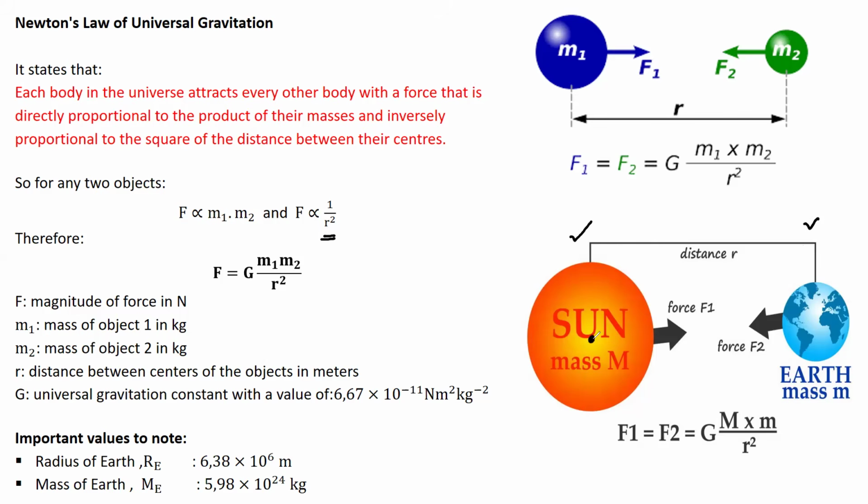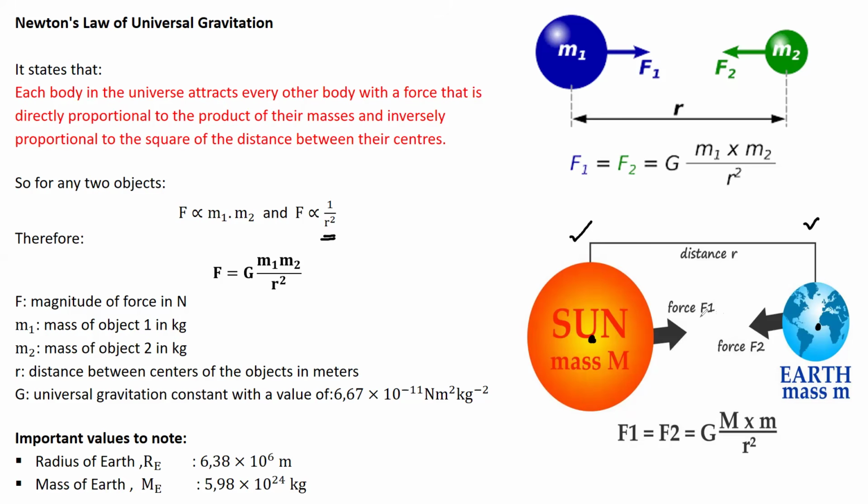There is the center of the sun, there is the center of Earth. I need you to understand that the sun exerts a force on Earth and Earth exerts a force on the sun equal to each other, according to Newton's third law.